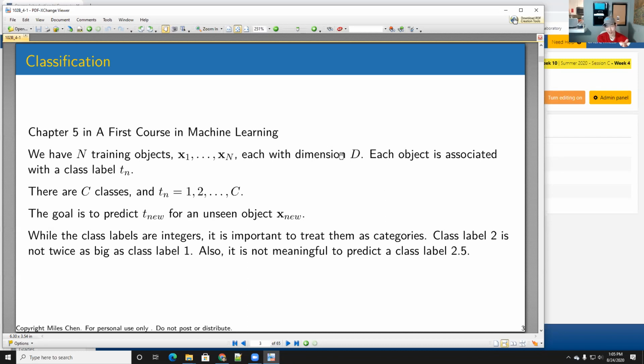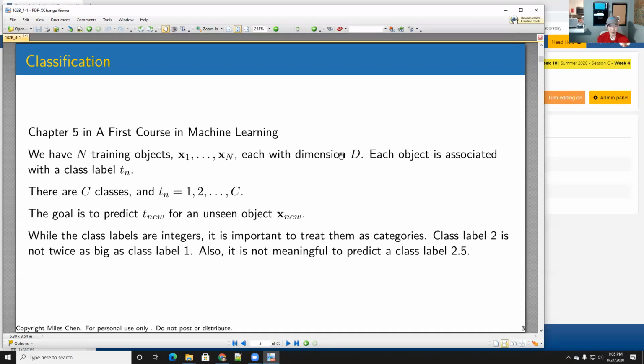We'll just do some simple examples today. We've got these 2-dimensional objects, and I'm going to label them with different colors. But whatever we have, we've got these d-dimensional objects, and you get some kind of class. The class labels, we often represent them with integers, but we have to remember to treat them as categories.